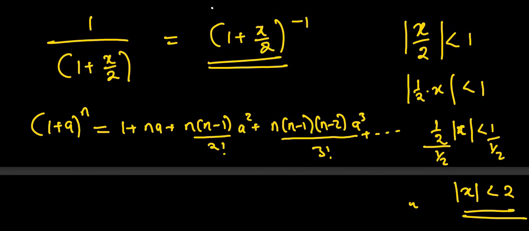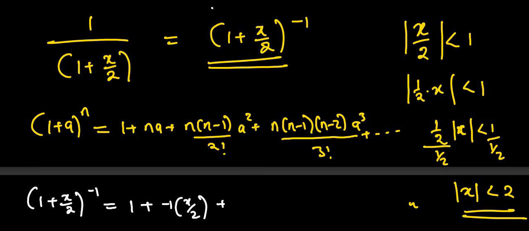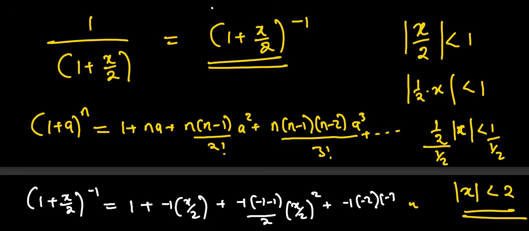Then we can now do the replacement, 1 plus x over 2 to the power negative 1. This becomes 1, negative 1, x over 2, then plus, there's a negative 1 minus 1, 2 factorial is a 2, x over 2, negative 1, negative 2, and negative 3, 3 factorial.